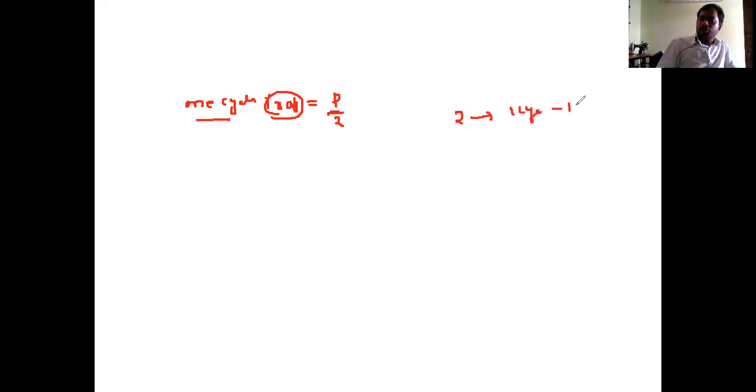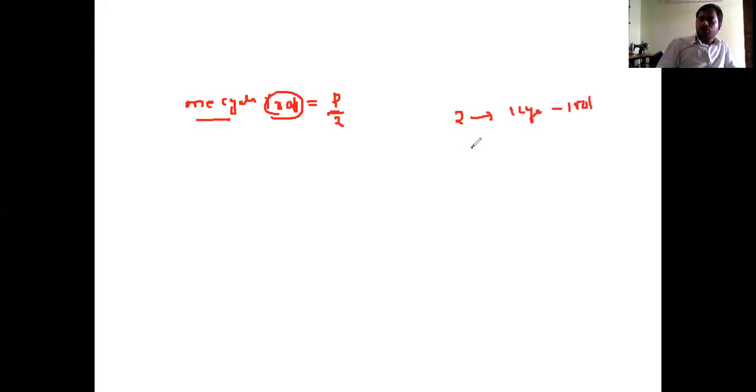So one cycle per revolution is equal to number of poles by 2. How many cycles per one revolution is equal to number of poles by 2. For example, for 2 poles, one cycle for one revolution.